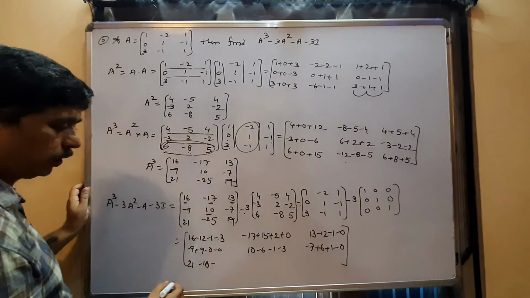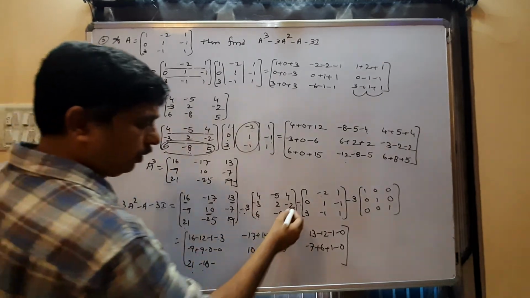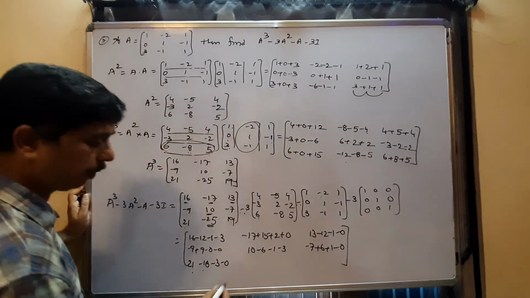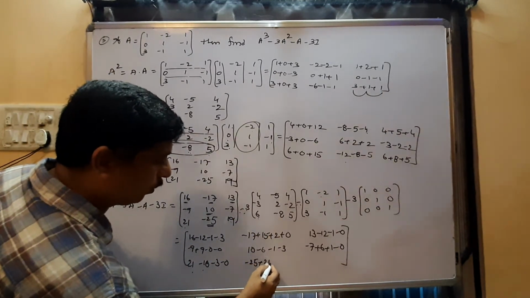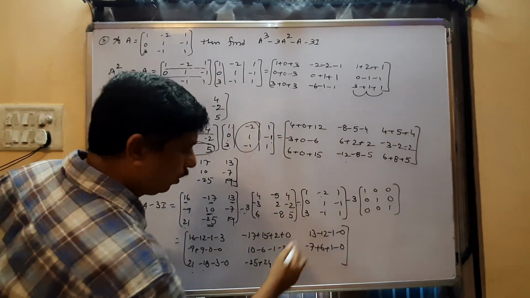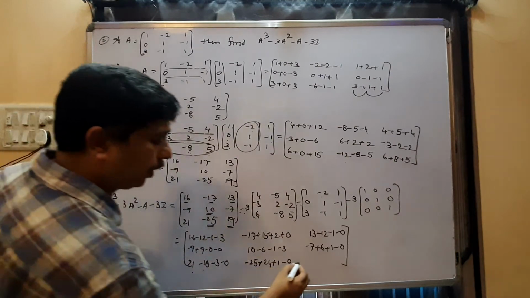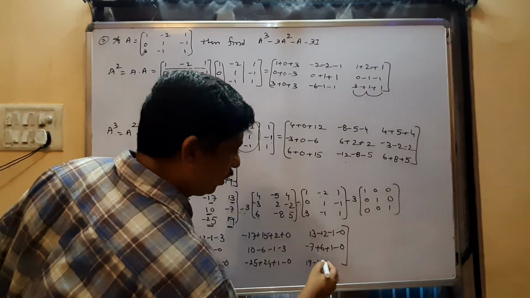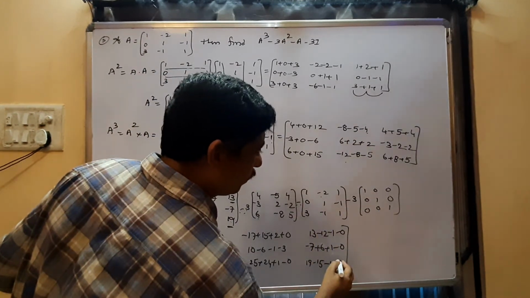So corresponding elements you have to check. 21, 3, minus 3 into 6, minus 18, minus 3, minus 0. Now coming to the second element: minus 25, minus in the minus, plus 24, plus 1, minus 0. Again third element 19, minus 3 into 5, minus 15, minus 3, minus 1, 3 into 1, minus 3.